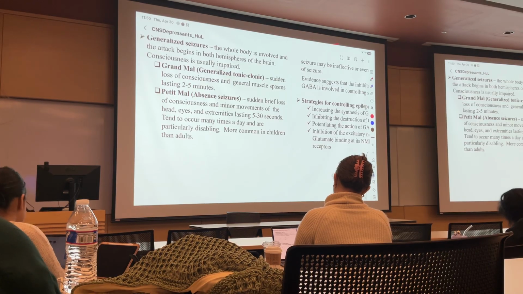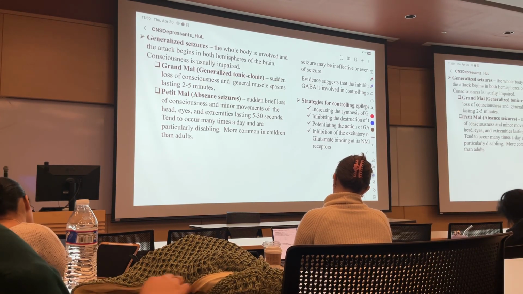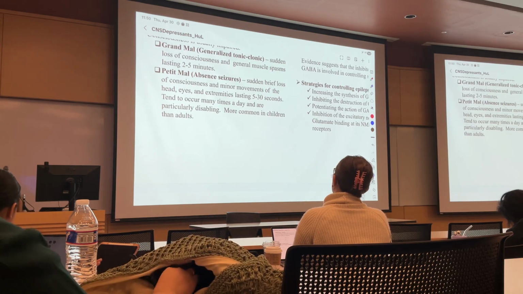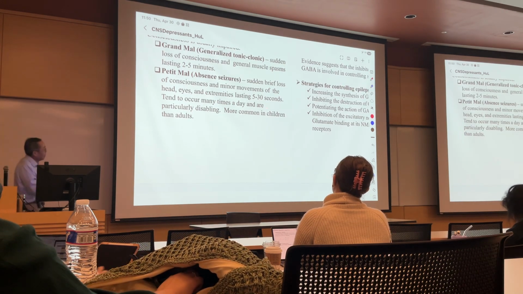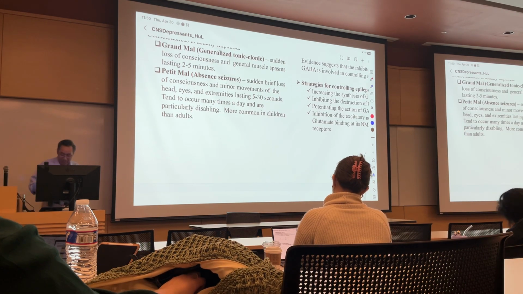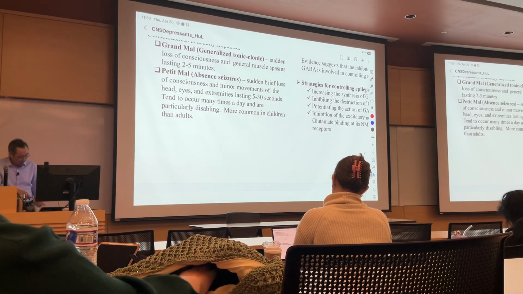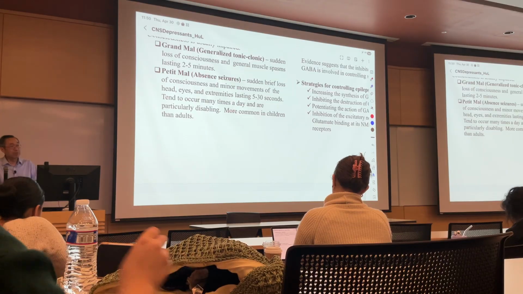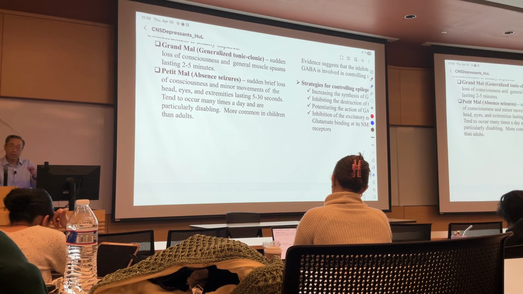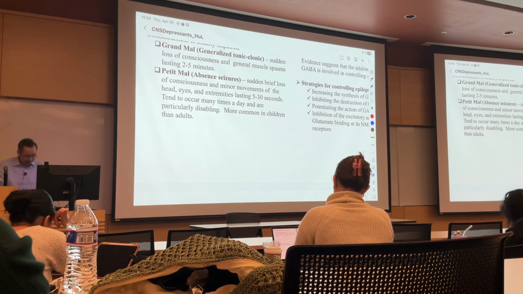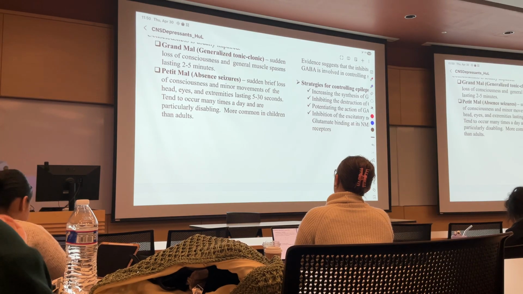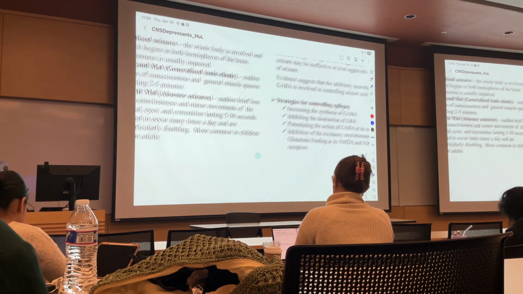So they can occur multiple times during the day. This can be particularly disabling and is more common in children than adults. So these are the petit mal seizures. Even though each is shorter, you have multiple episodes that can happen in one day.